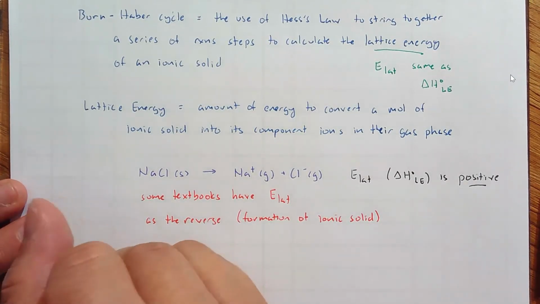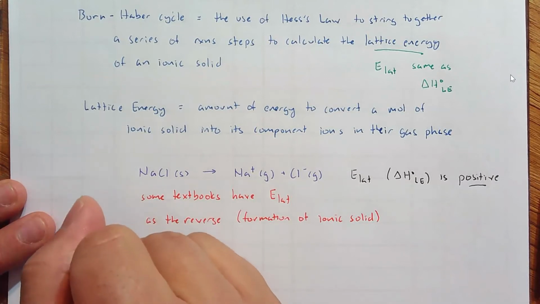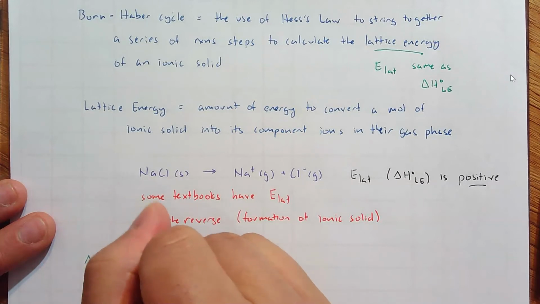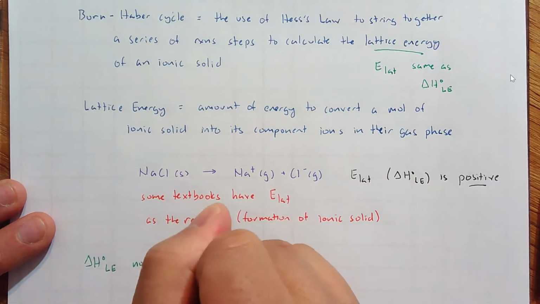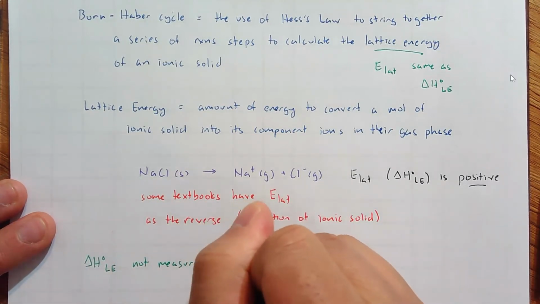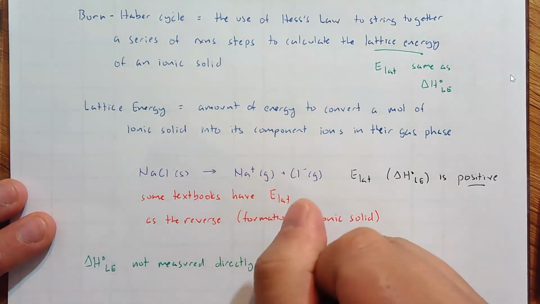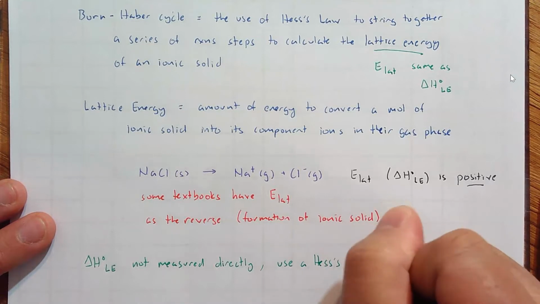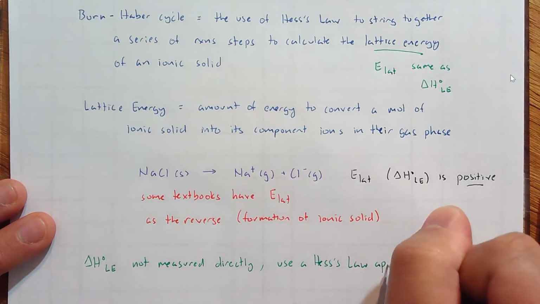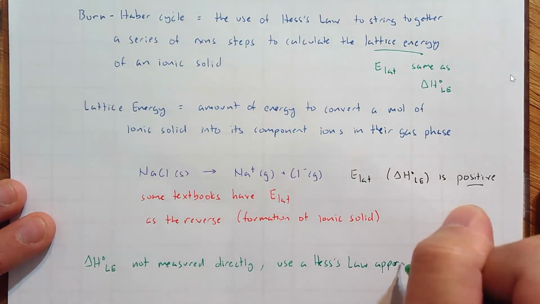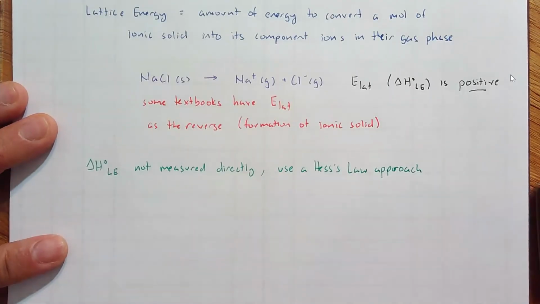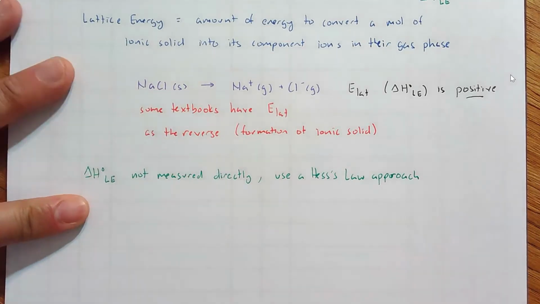So again, let's change it: delta H LE is not measured directly. We're going to use a Hess's law approach. Okay, so we're going to have a list of reactions that, when added up, will give us this.